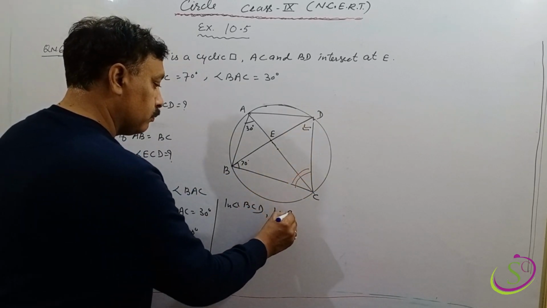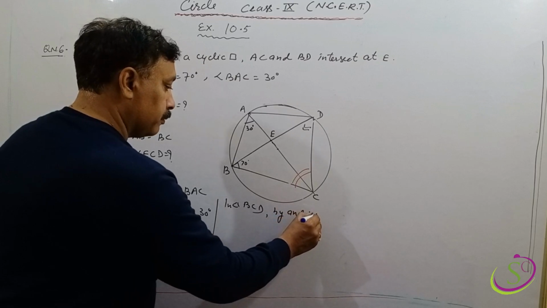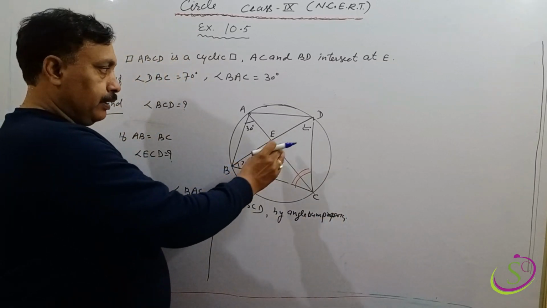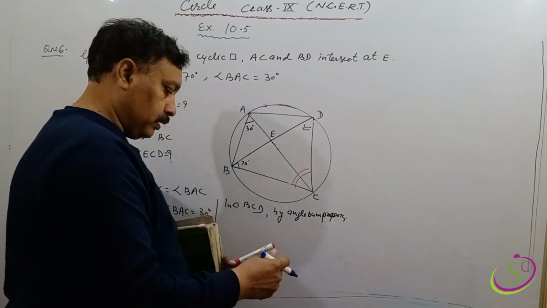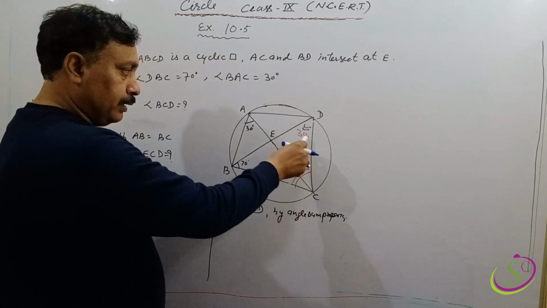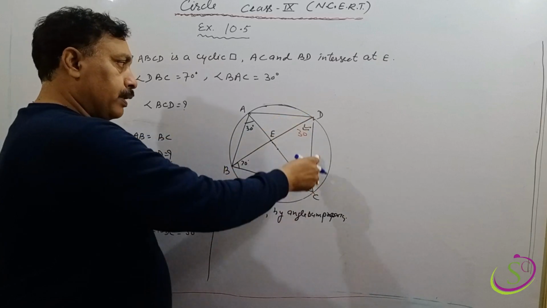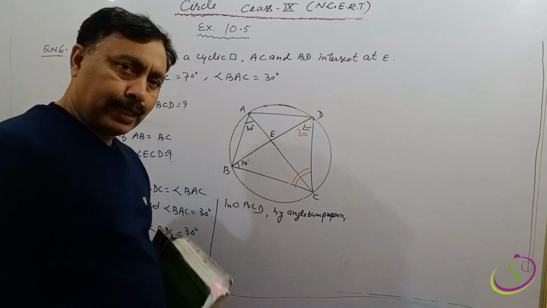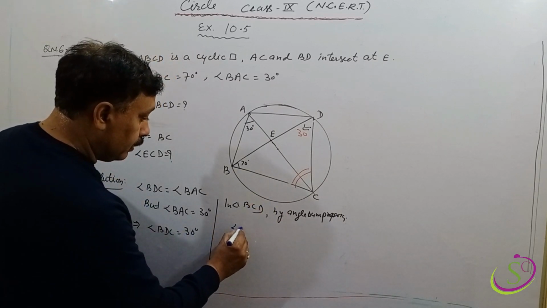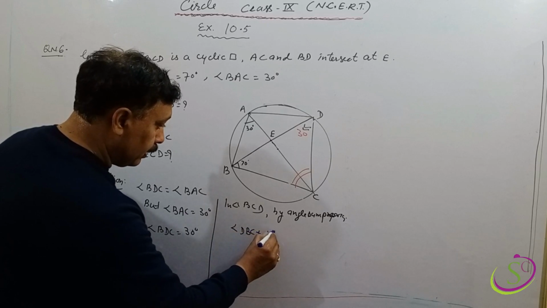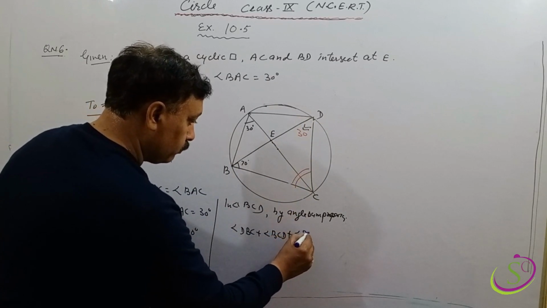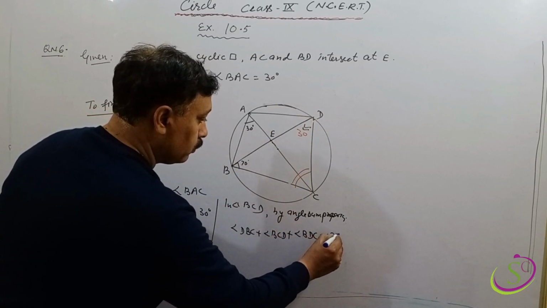In triangle BCD, by angle sum property. Why? Take it here. This is 70 degree and this is 30 degree. Okay. So we have to find angle BCD. If we apply the angle sum property in this triangle BCD, we will find angle BCD. Okay. So angle DBC plus angle BCD plus angle BDC equals 180 degree.